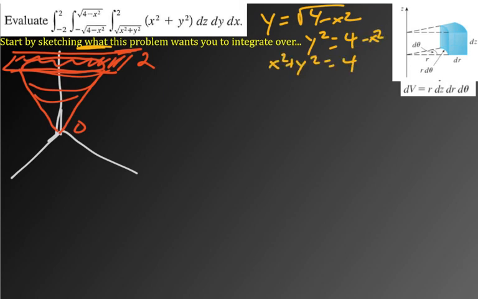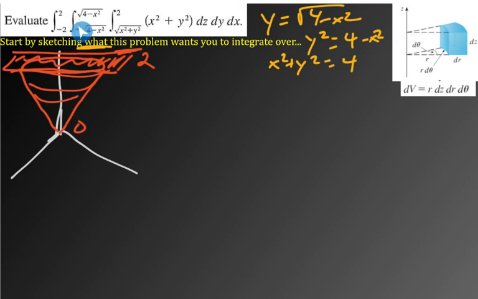And then here, the bounds say y equals the square root of 4 minus x squared, or negative the square root of 4 minus x squared. Let's do this in yellow. So y equals the square root of 4 minus x squared is the same as y squared equals 4 minus x squared, or x squared plus y squared is 4, right?